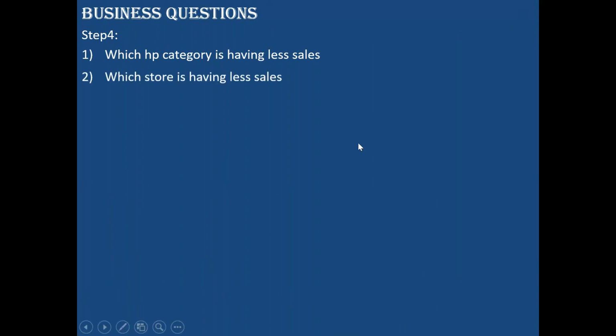Now, the business is going to ask a few questions. The first question is, which HP category of laptops is having the least sales? The second question is, which store is having less sales?